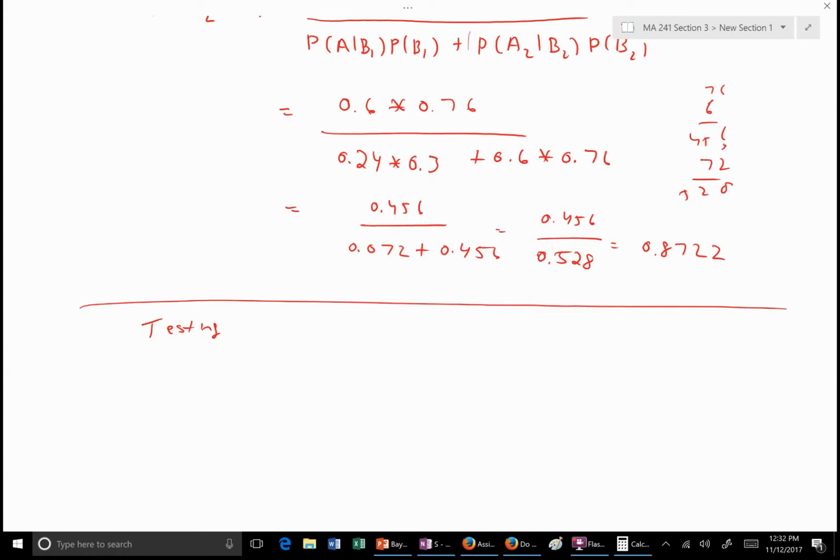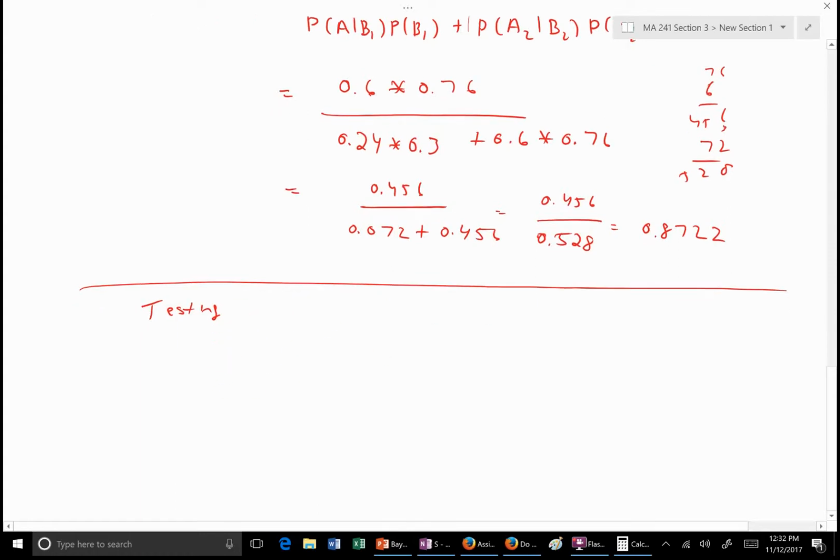But what we do is we think of testing in 2 ways. We think of us as knowing reality, okay? So one of the things we're going to talk about is that the person has the condition, okay? So we're going to call plus C the event that a person has the condition. They're positive for the condition, okay?